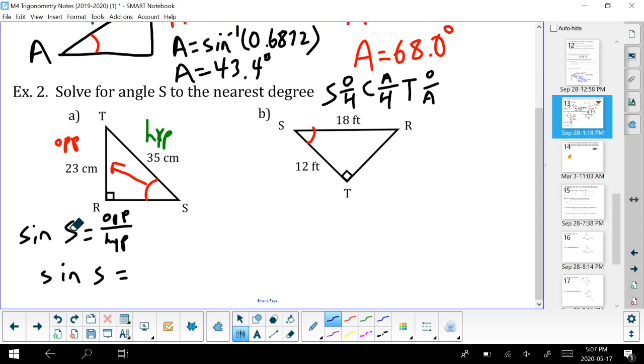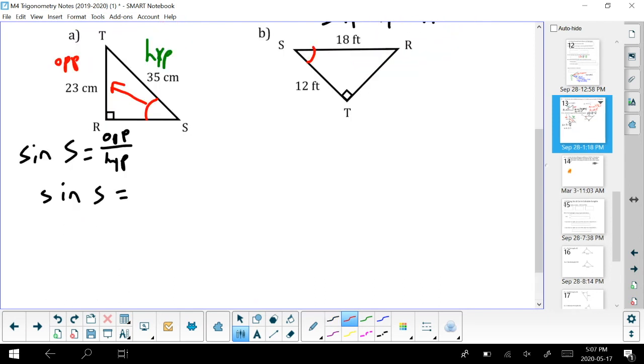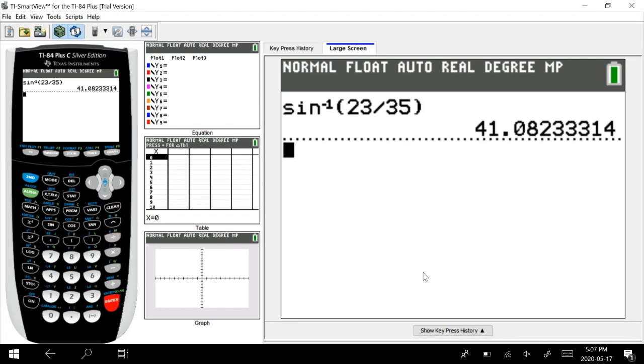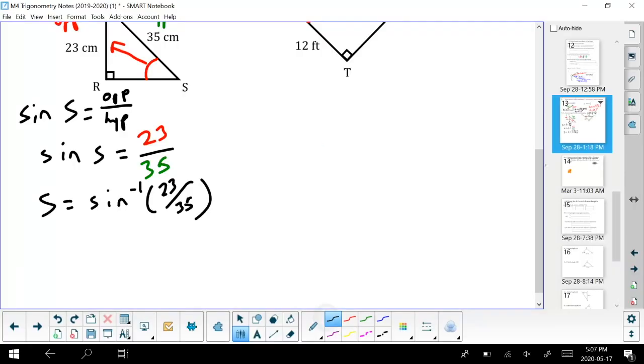So sine of S is equal to 23 divided by 35. I want to take the inverse sine of both sides, so the inverse sine of 23 over 35 gives me 41.08 degrees. If we round to the nearest degree, we end up with 41 degrees.